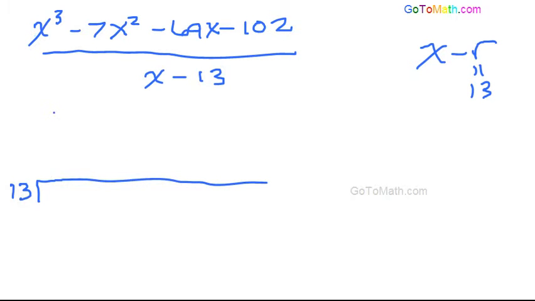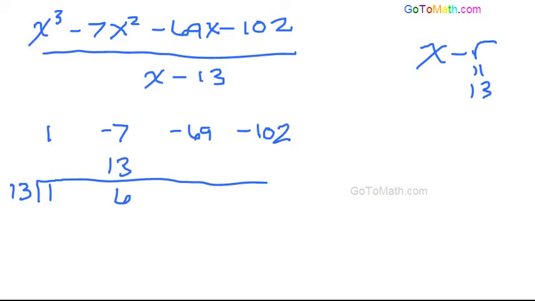Okay, put in our coefficients. Coefficient of x cubed is 1, then negative 7, negative 69, and 102. Alright, bring that 1 diagonally down, so 13 times 1 is 13. Get the difference, that's 6. 13 times 6 is 78. Is that right?